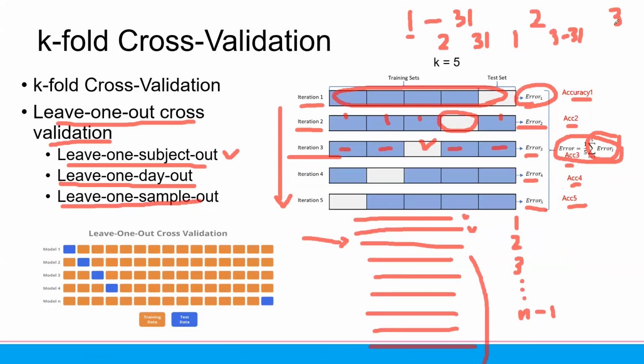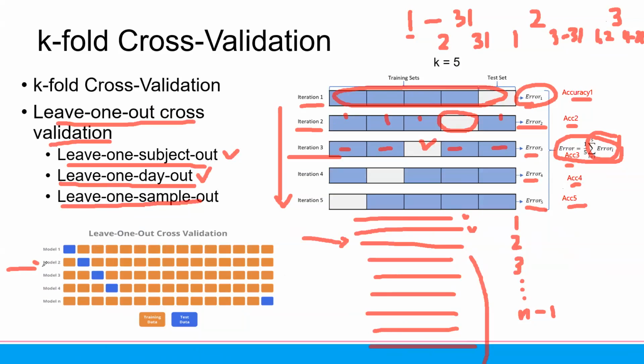Then day number 3 will be used for testing, day number 1 and 2, and then 4 until 31 will be used for the training, and so on. So we can say that is leave one day out. One day is excluded for the testing, and the remaining days will be used for the training.